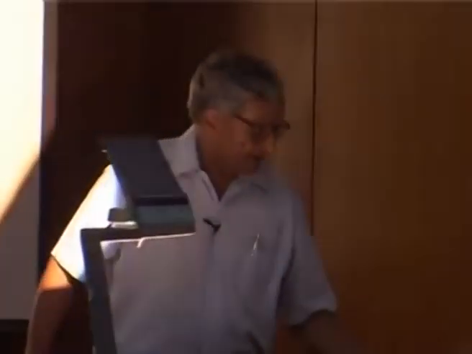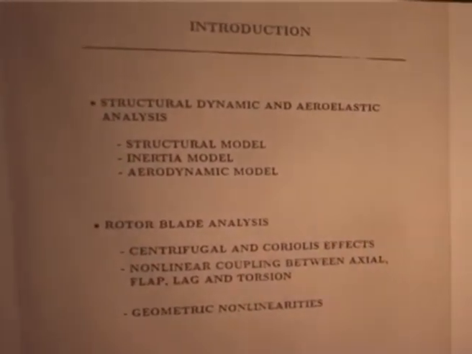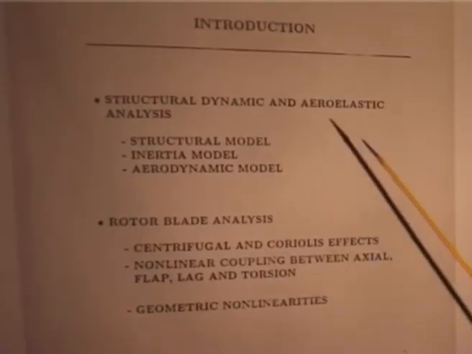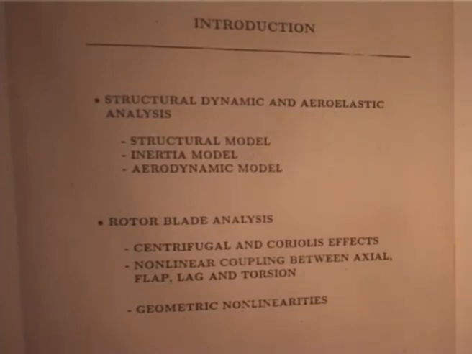Now, I will put an introduction just to say, when you want to study the blade dynamics, you need to have the structural model. Structural model means essentially how the elastic properties vary along the blade.